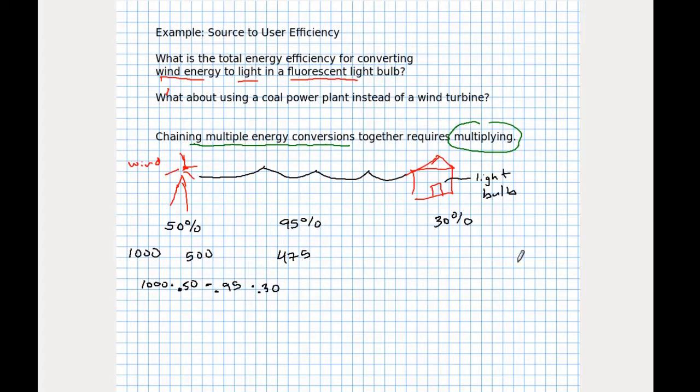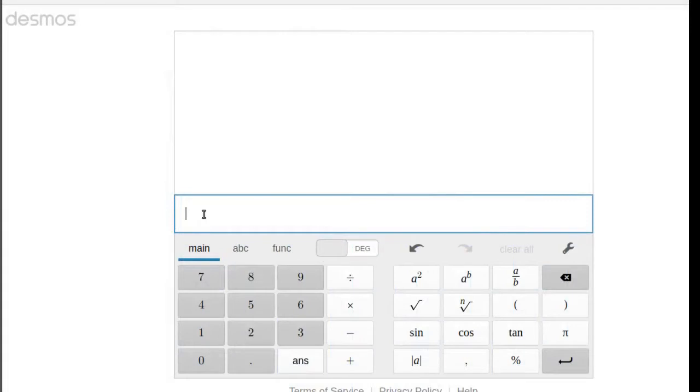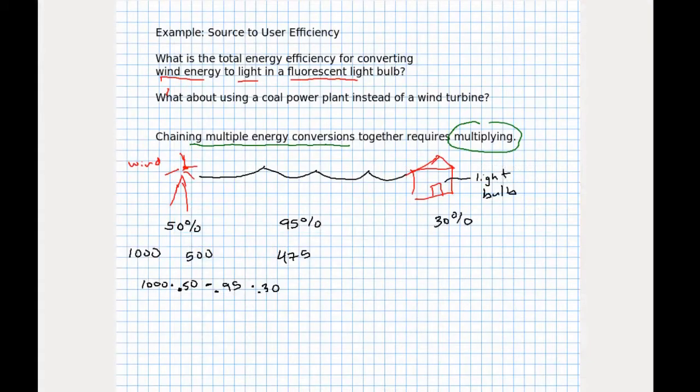And that one I can't really do in my head, so I'm going to go over to the calculator and do 475 times 0.3, and that's 142.5. Okay. 143 joules left.